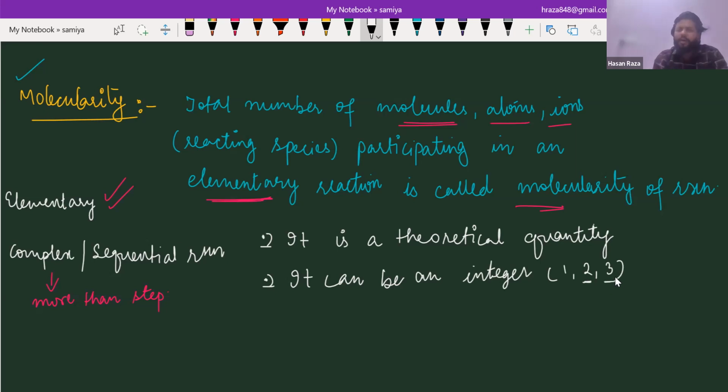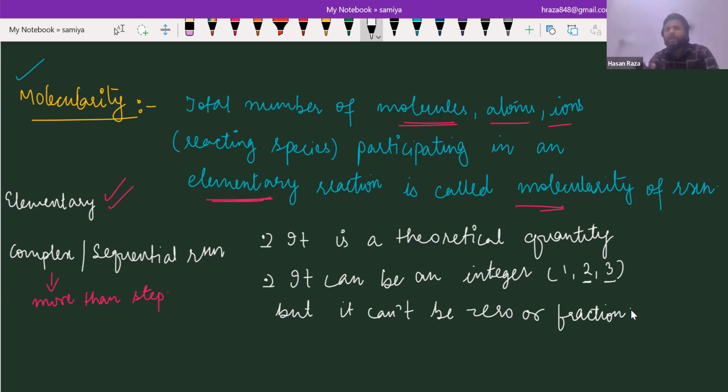And we will not talk about termolecular, that means three reacting species. But it cannot be zero or fraction. As you have seen, the order of reaction can be fraction, zero, positive, negative, but molecularity cannot be negative, fraction or zero, but order can be.